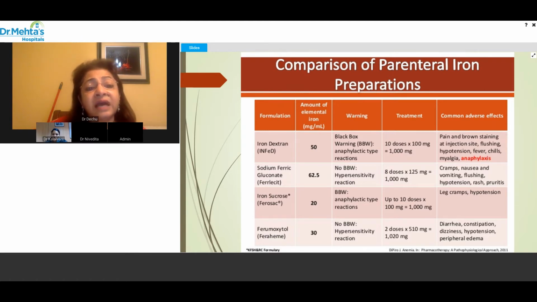But since that time, the IV iron preparations have come a long way, and now the newer preparations, which I'll also be talking about, do not require a test dose, and can be given in a matter of 15 minutes and have a pretty long half-life compared to the older iron preparations.